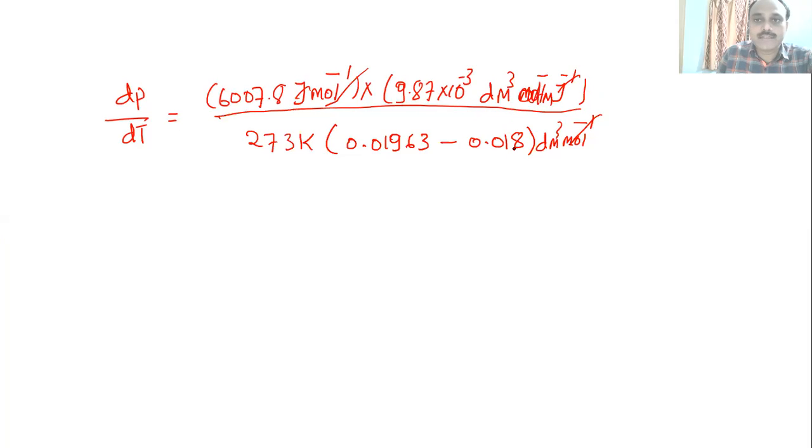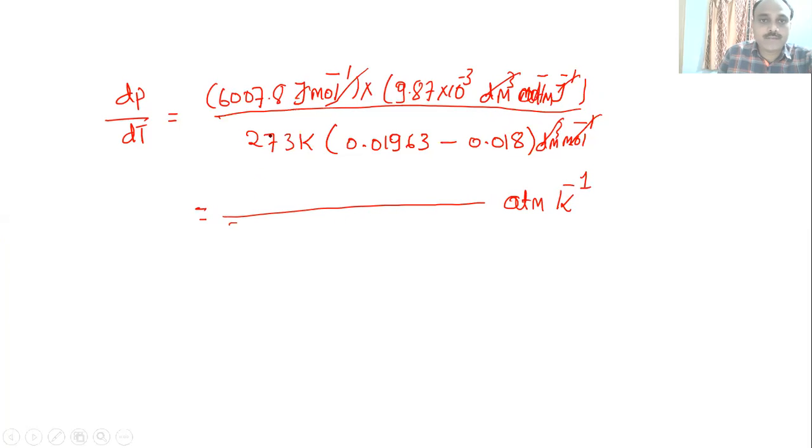This dm cube and this dm cube gets cancelled, and what is remaining? Kelvin and atmosphere. So what is the total unit? It will be atmosphere per Kelvin.